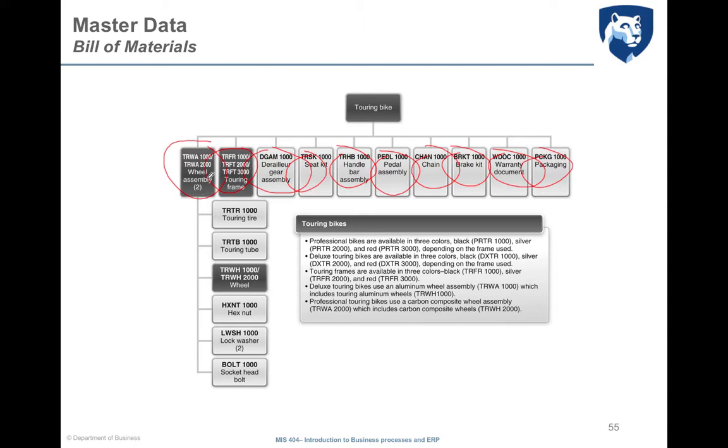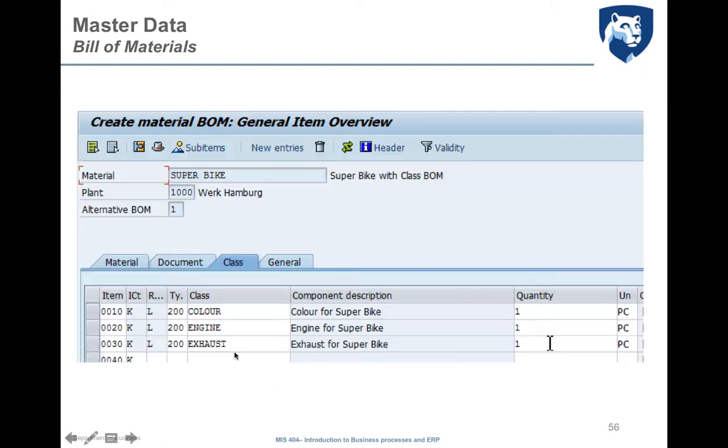And for example, for wheel assembly, we also have subcomponents that are needed to realize the wheel assembly. So here we see exactly what we mean by multi-level bill of materials.